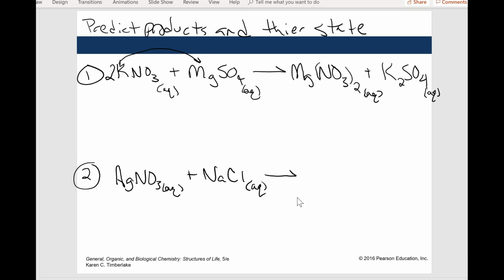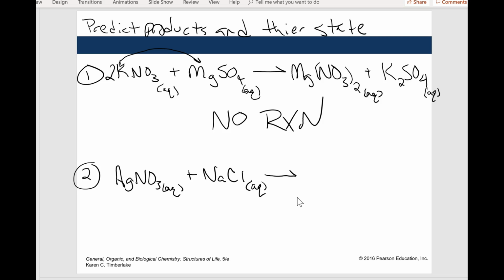If we have a reaction where everything is aqueous, we just have a bunch of ions in solution, and we would say that is no reaction, because nobody's forming anything new. We started with aqueous ions, we ended with aqueous ions.